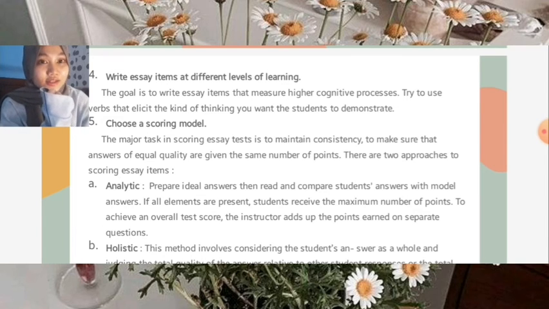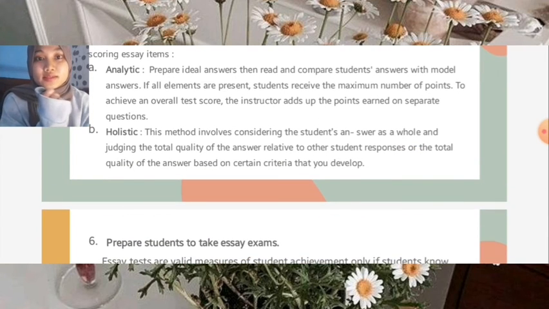To achieve an overall test score, the instructor adds up the points earned on separate questions. The second, holistic. This method involves considering the student answer as a whole and judging the total quality of the answer relative to other student responses, or the total quality of the answer based on certain criteria that you develop.